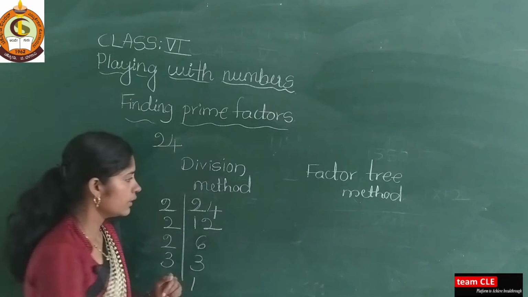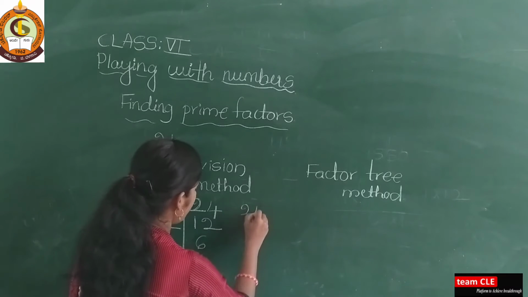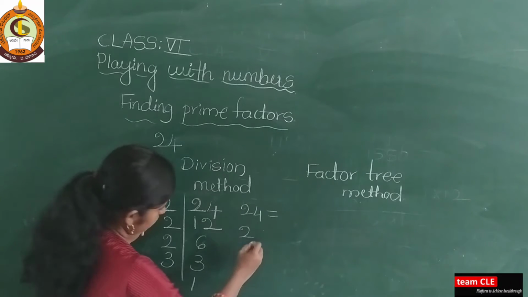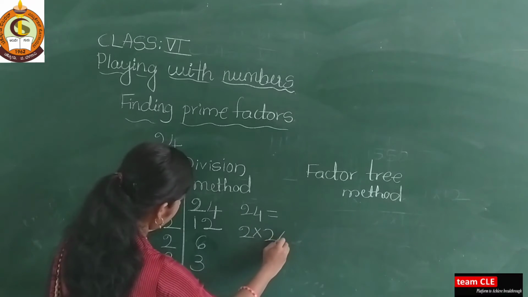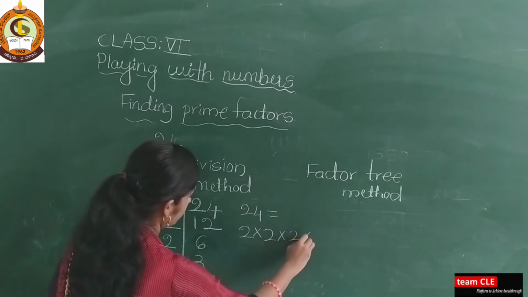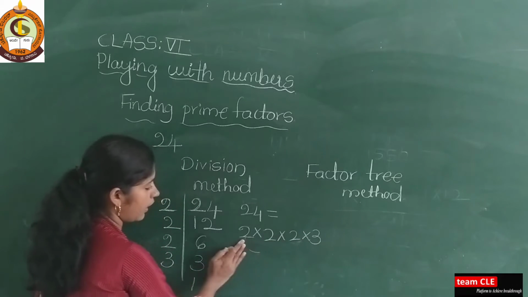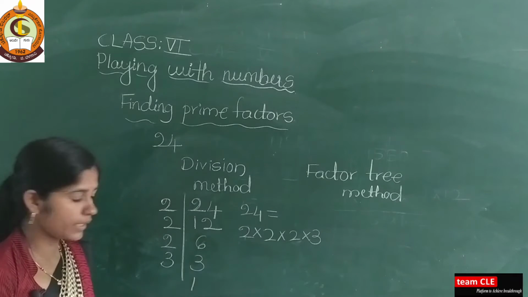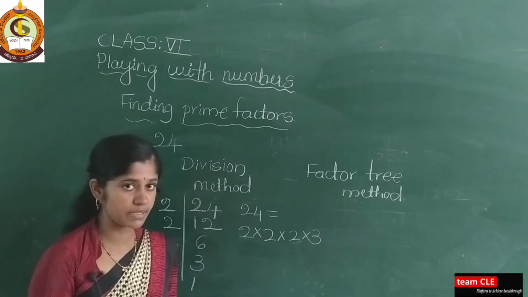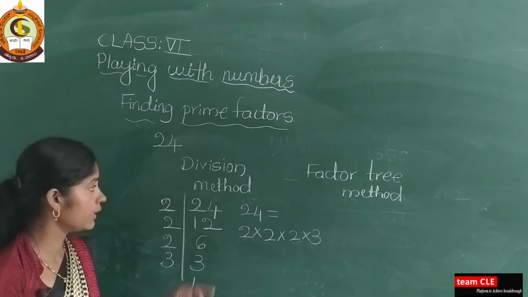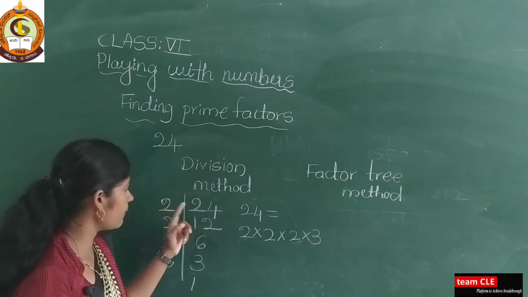So hence the prime factors of 24 are 2 into 2 into 2 into 3. You just observe that 2 and 3 are prime numbers, isn't it? This is how you find the prime factors by the division method.